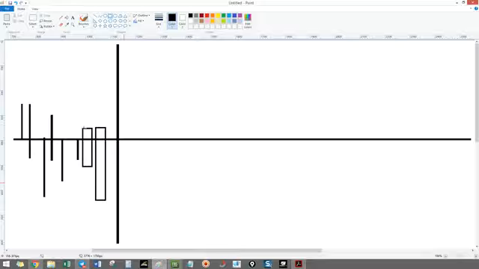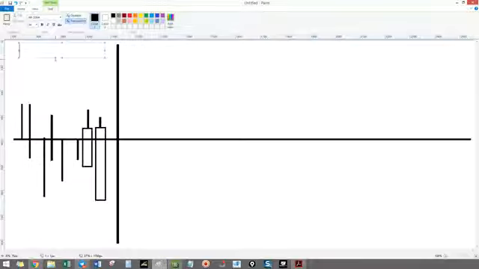Any type of shadow is the first element.